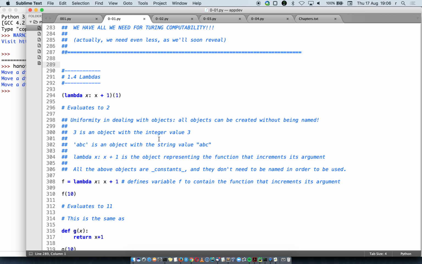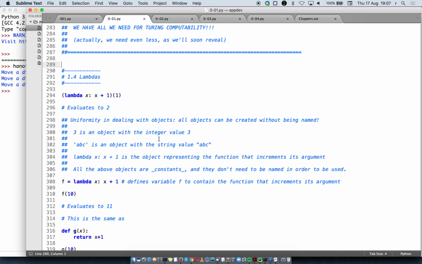But for procedures, for functions, with what we've learned so far, we have not defined a function without giving it a name. We've defined Fibonacci, we've defined factorial, we've defined Hanoi, and that piece of computation needed a name to exist. All right? So all of them are objects.